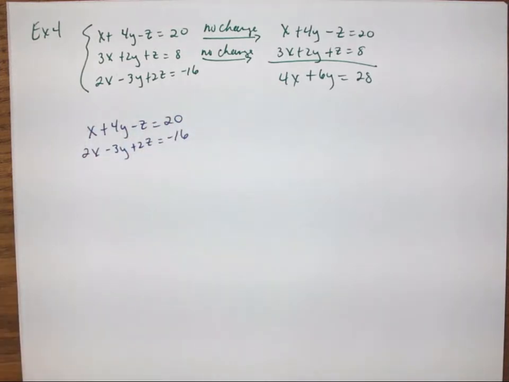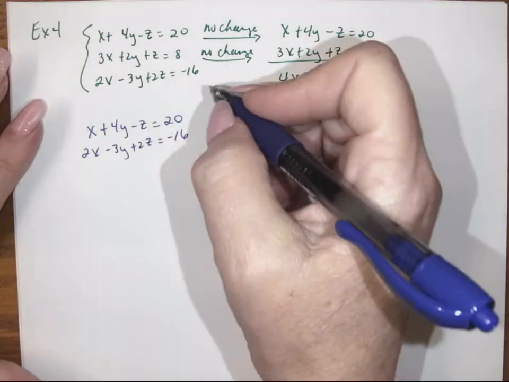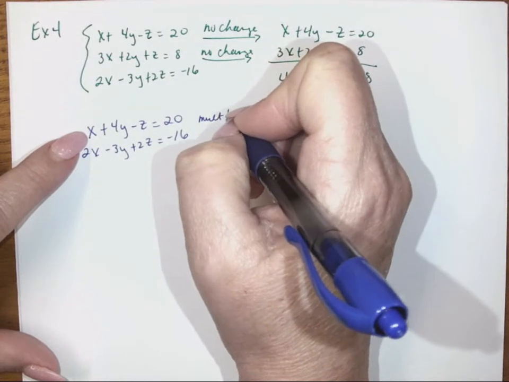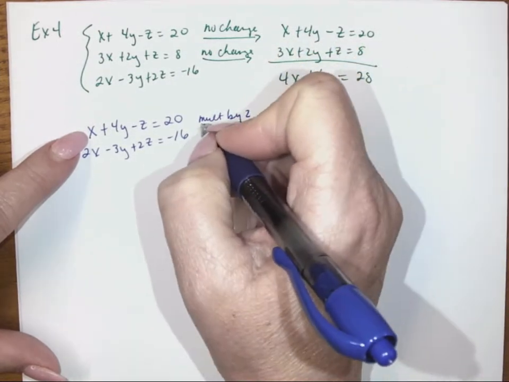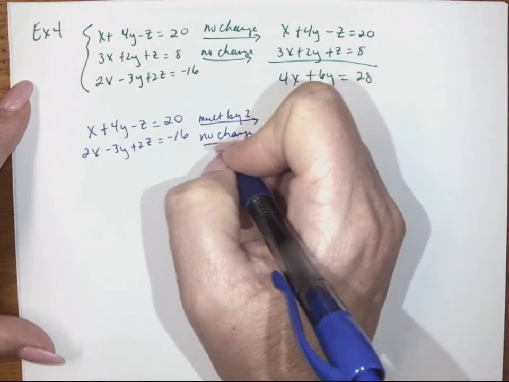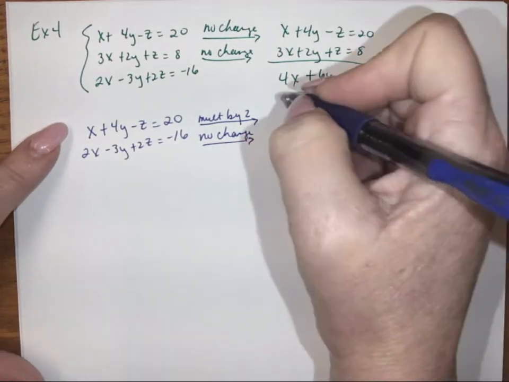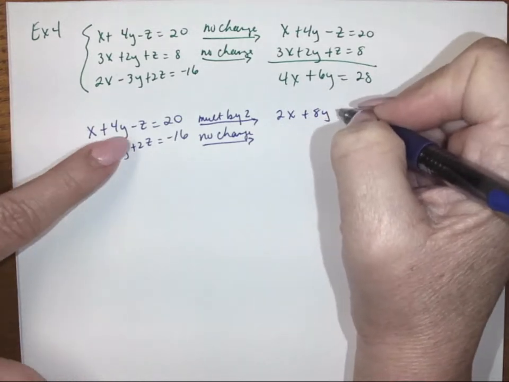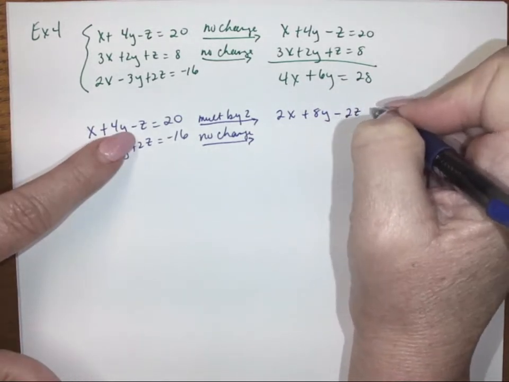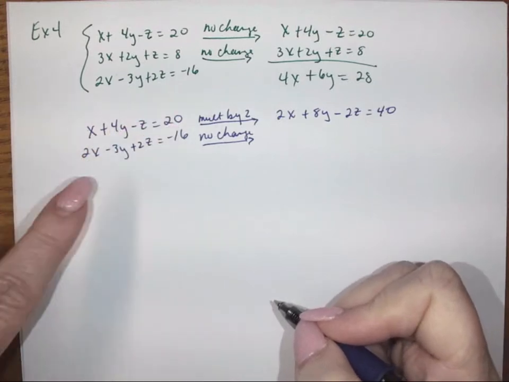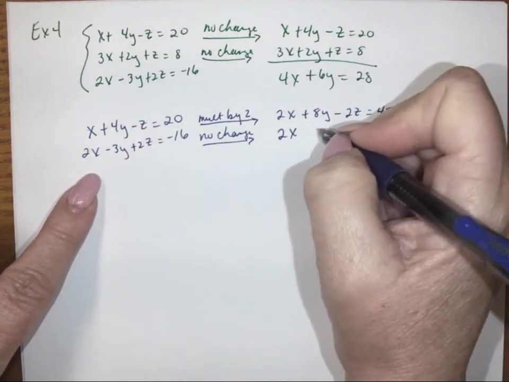I'm doing it so that you can follow what I'm doing, but you could just go ahead and do the multiplication. So the first one we're going to multiply by 2, and the second one will be no change. So this will get us 2x plus 8y minus 2z equal to 40. So I multiplied each term here by 2, and then no change, I'll add these over.